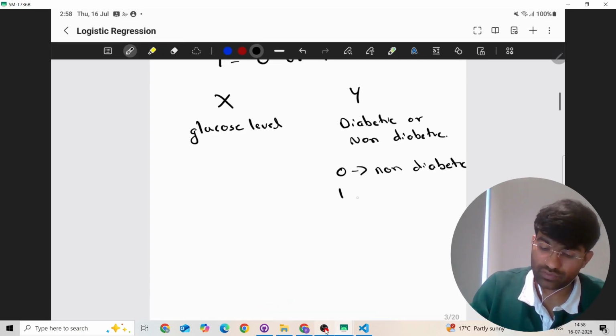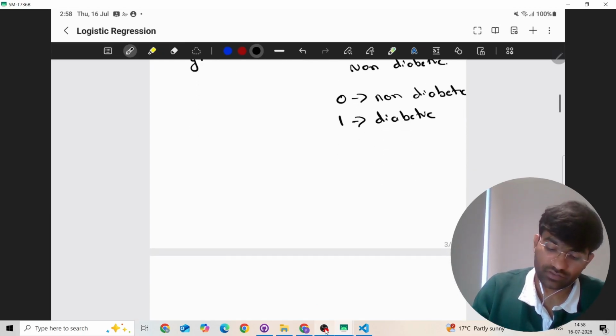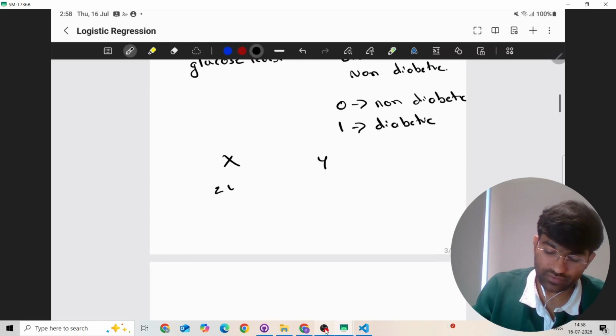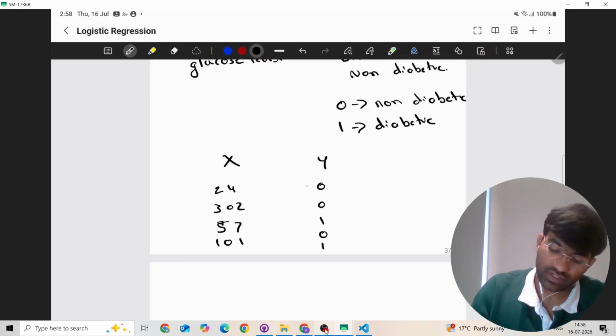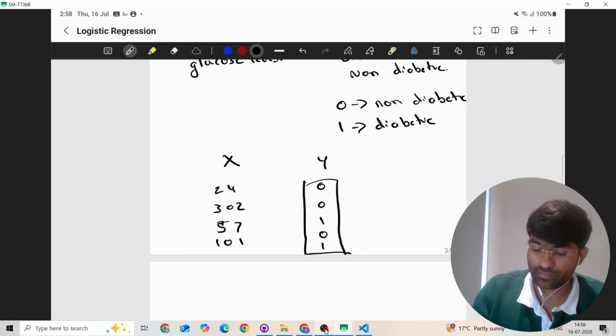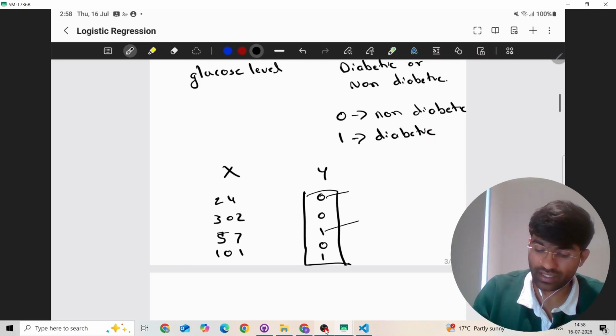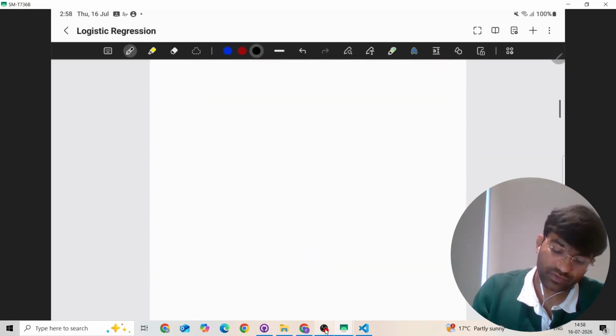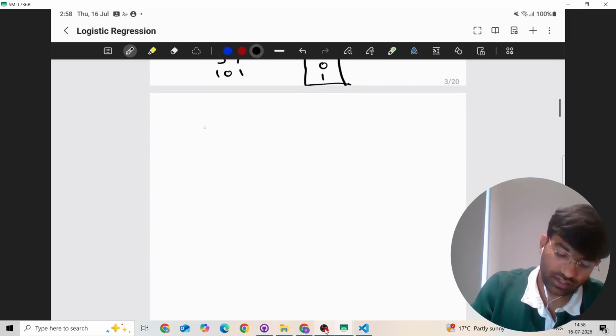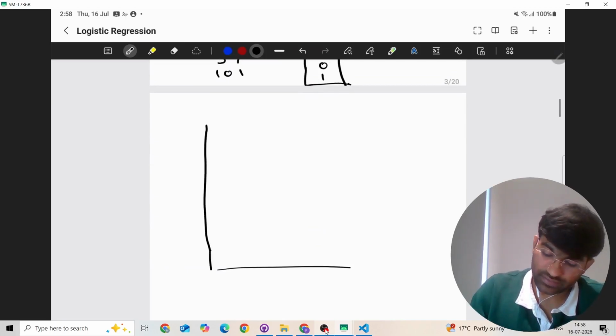If y is 1, then the patient is diabetic. So how are x and y going to look? Consider glucose levels 24, 302, 57, 101, and the outputs will be 0, 0, 1, 0, 1. So we get binary output, 0 non-diabetic and 1 diabetic. Binary classification task. If we plot it in a graph, it looks something like this.